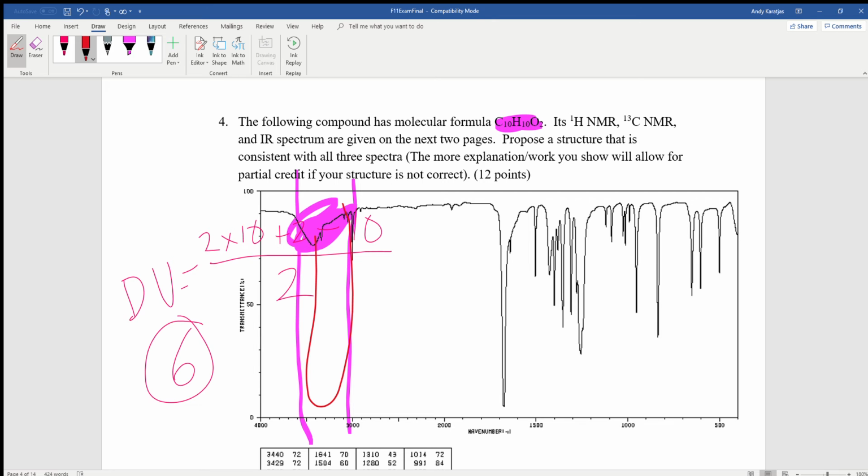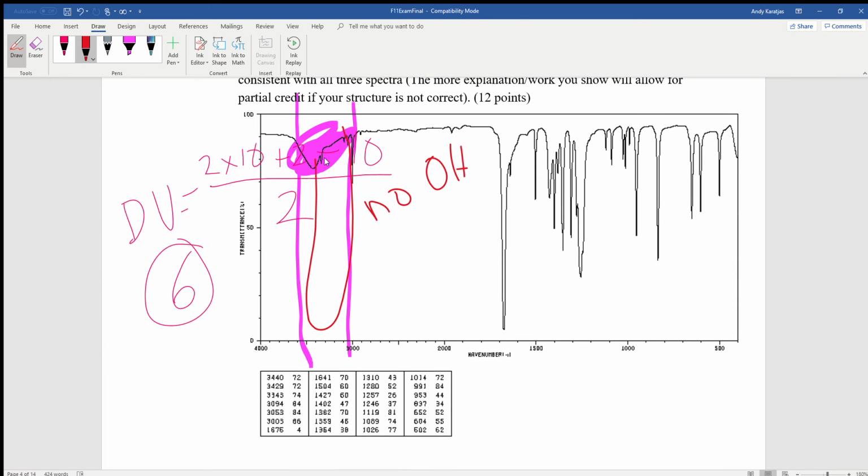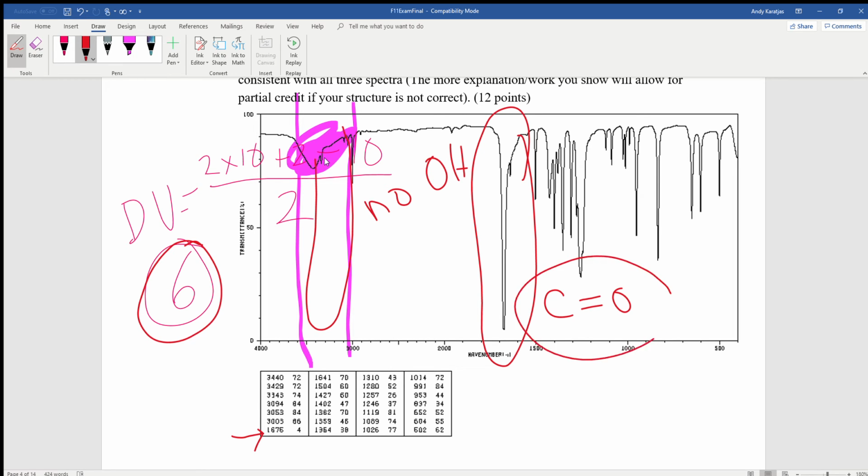So while this spectrum doesn't say with 100% certainty that there's no alcohol, we can be at least 95% certain that there's no OH in this compound. What we can also be certain of is this peak, which shows up at 1675. And we know that's right in the range for a carbonyl. So at this point, we can look at our 6 degrees of unsaturation and the fact that we have some sort of carbonyl in this molecule and go on to our proton NMR.